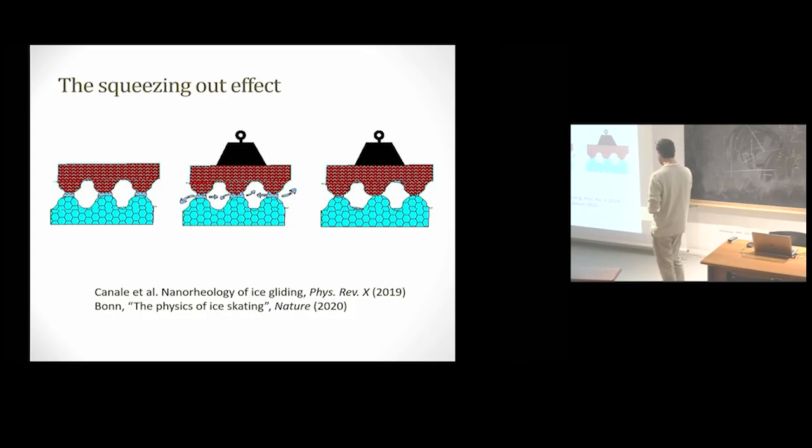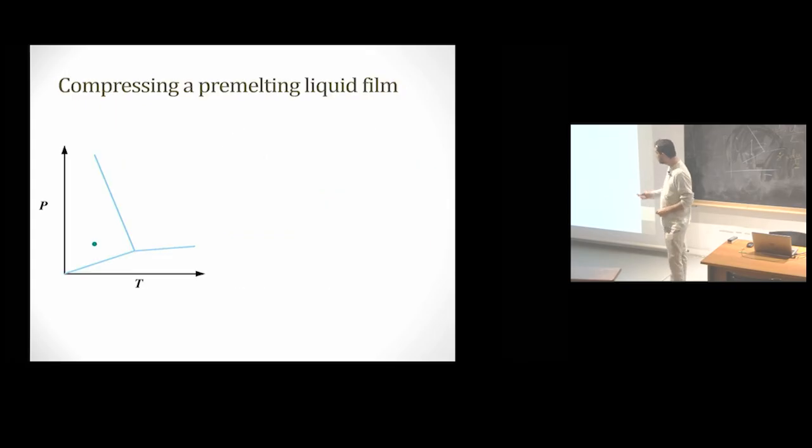So it's going to recreate, but it's going to recreate a thicker pre-melting film. Okay? You increase the pressure, you approach the melting line, so your equilibrium pre-melting film thickness is going to increase. So this is an instance of the Le Chatelier principle. You put pressure, water is evacuated to respond to the perturbation, and you increase the pre-melting thickness.